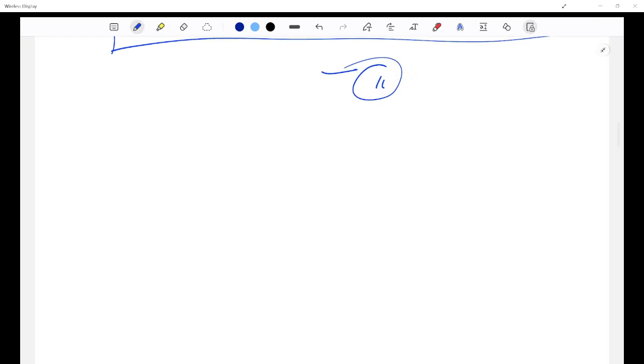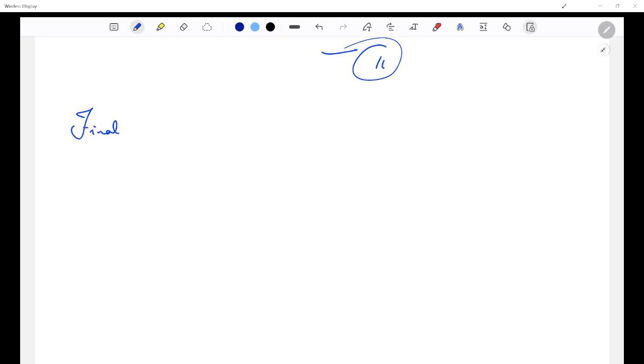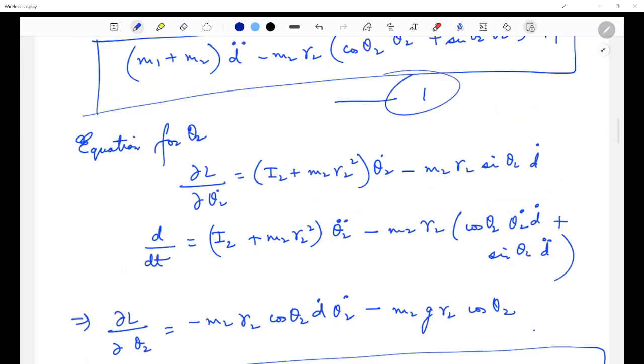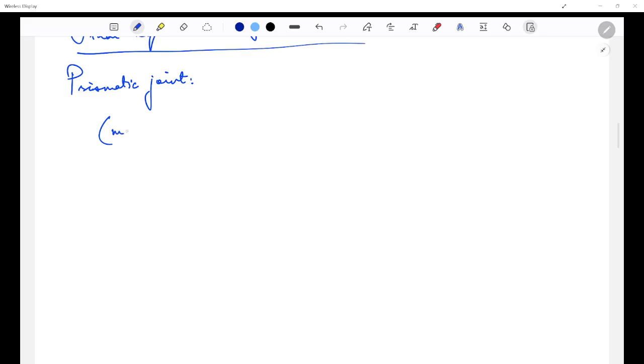For the prismatic joint, our equation of motion that we have derived is (m1 + m2) into d double dot minus m2 r2 cos theta 2 dot square plus sin theta 2 double dot is equal to F1.